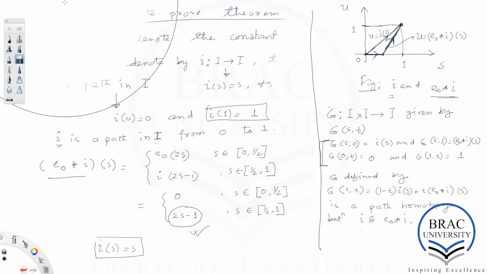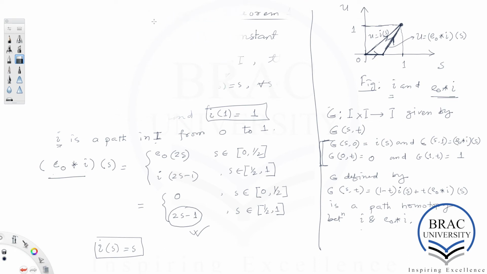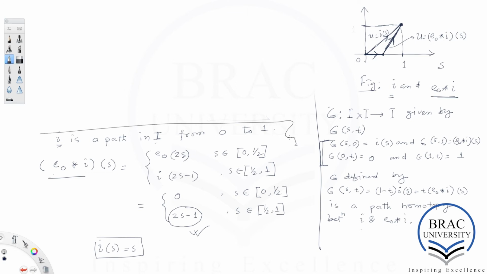Okay, I need some space, so I think I'll erase this part. I won't need it anymore because I need this formula for the product of the paths. Okay, let us check.